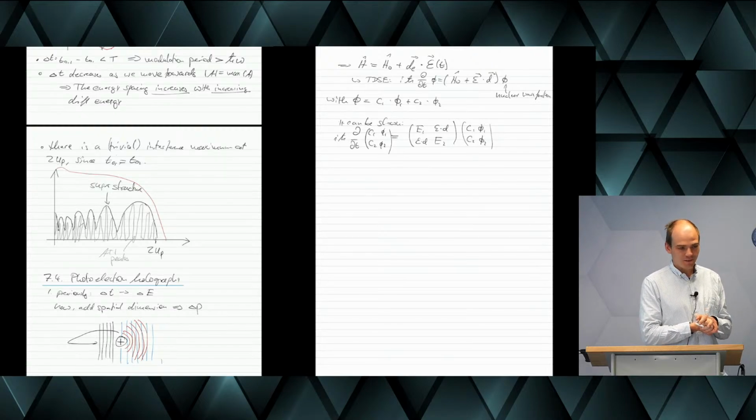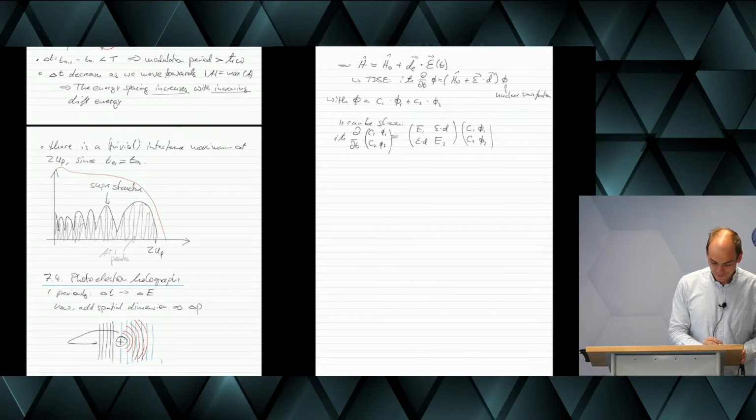So why don't we do that also, and then we'll figure out afterwards what the meaning of this is. Well, as you will see, this will lead to laser-driven dissociation or laser-dressed states.